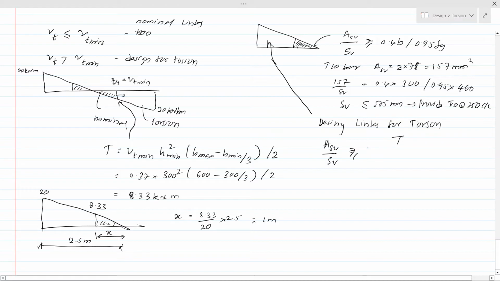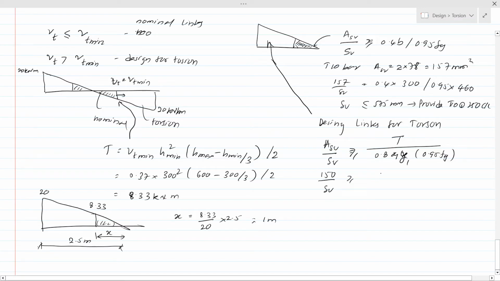This is given in Part 2 of BS 8110: T equals 0.8 x1 y1 into 0.95 fyv Asv over Sv. It's a simple equation. You can substitute the values. Since we know the area, we know Sv, we have to calculate T.